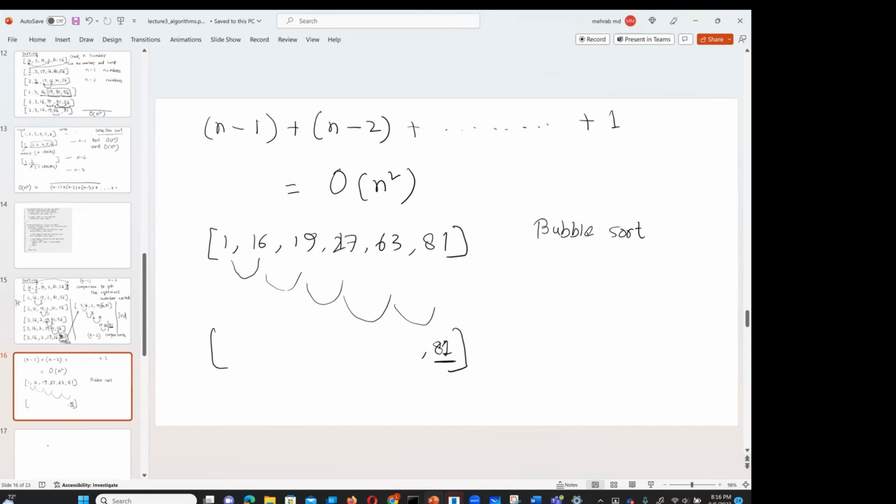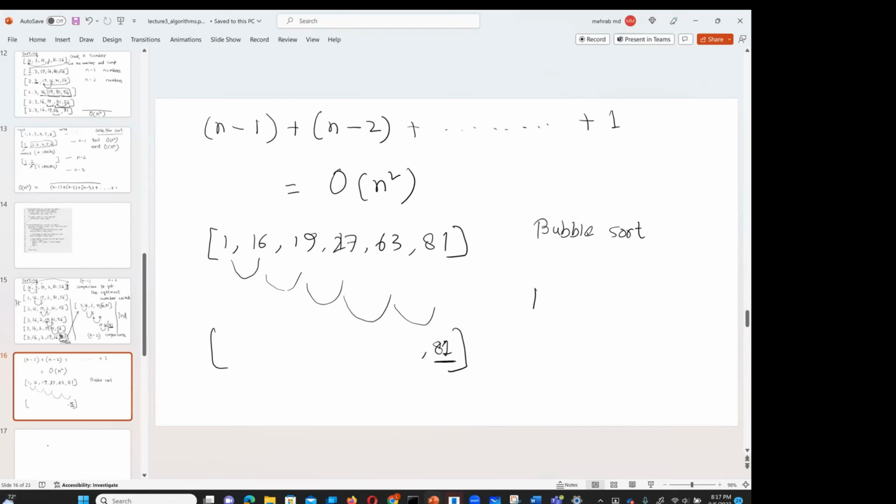Is it clear to you? So if I give you a sorted array, is it helping you? Is it reducing the number of comparisons or number of operations? No, it's not, right?